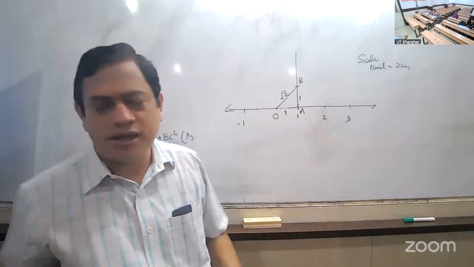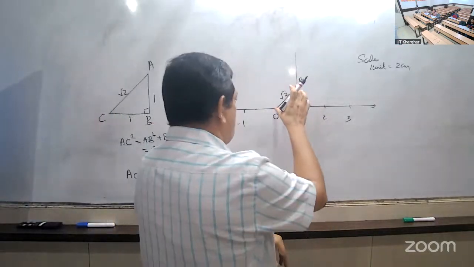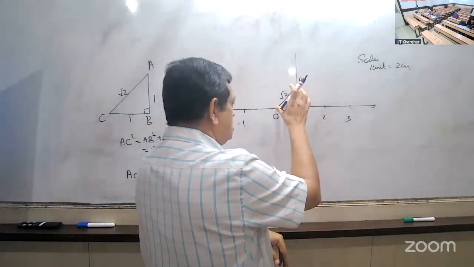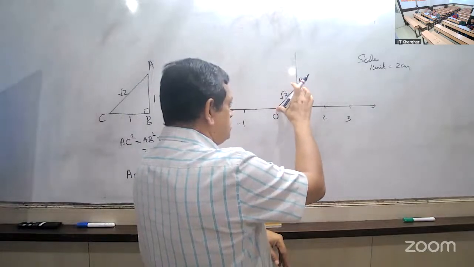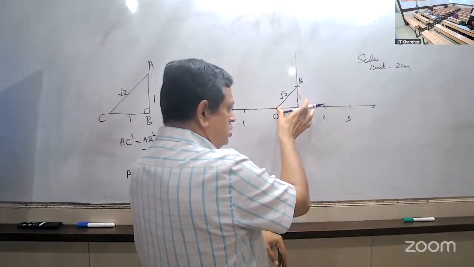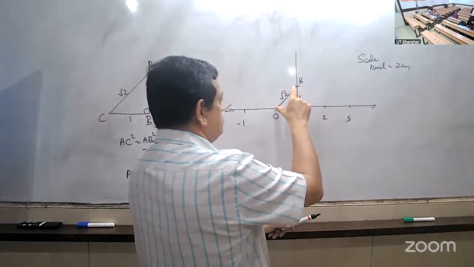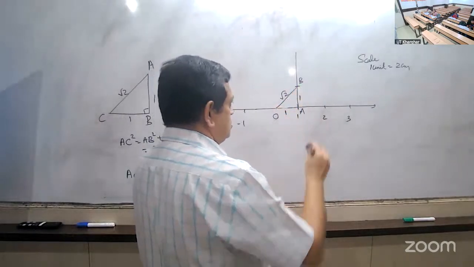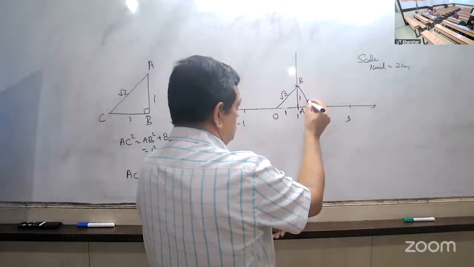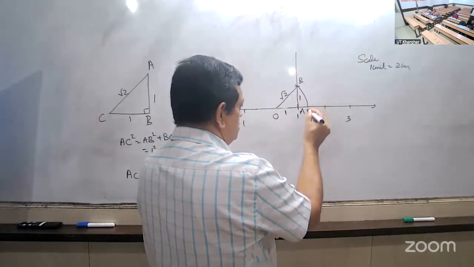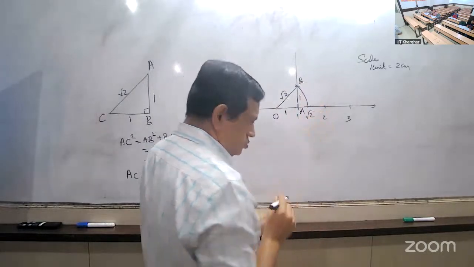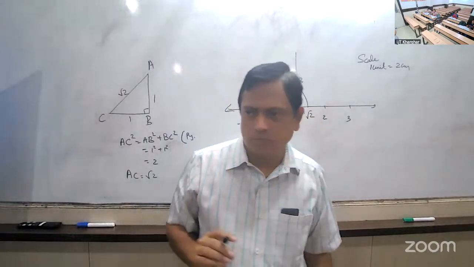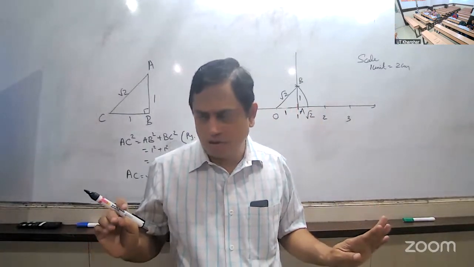Now, how to make it on the number line? Open the compass, fix the needle at O, cut it. Are you followed how to cut it? This way. Where it is meeting, this point is called B. Are you followed?